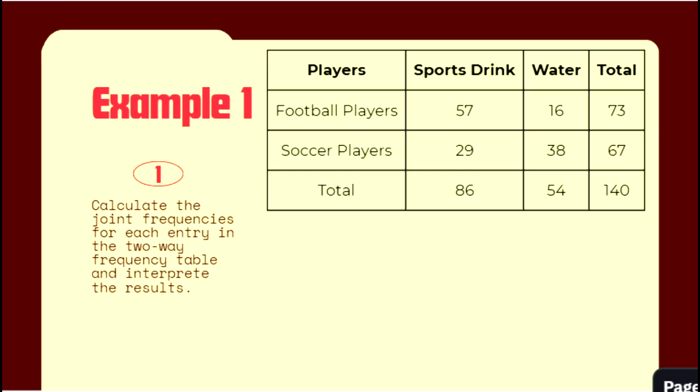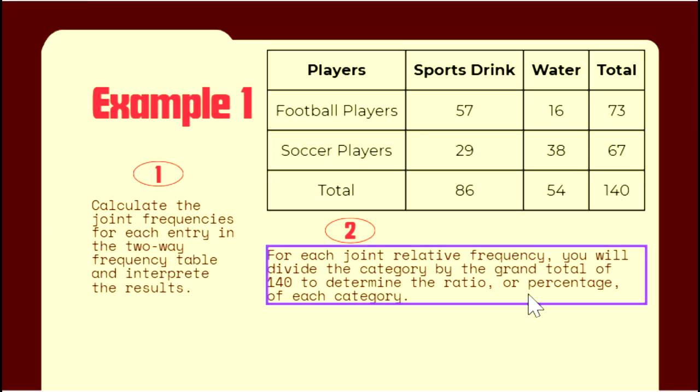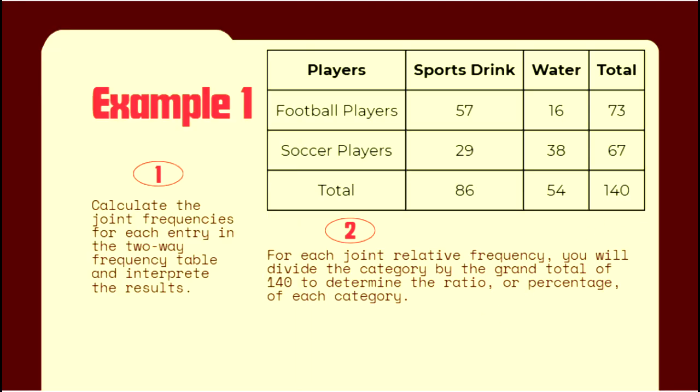Here's example number 1. Calculate the joint frequency for each entry in the two-way frequency table and interpret the results. So they want us to find the joint frequency for each of these entries and interpret the results. For each joint relative frequency, you will divide the category by the grand total of 140 to determine the ratio or percentage of each category.